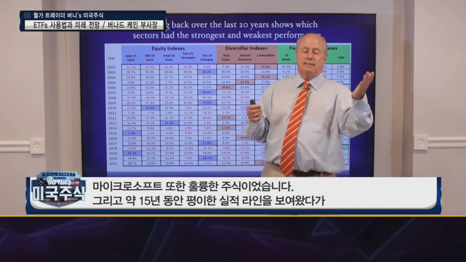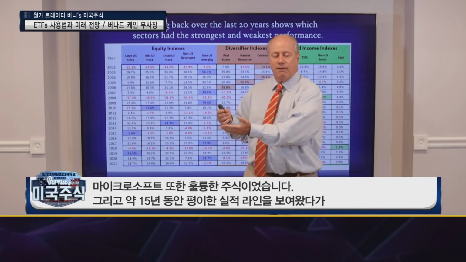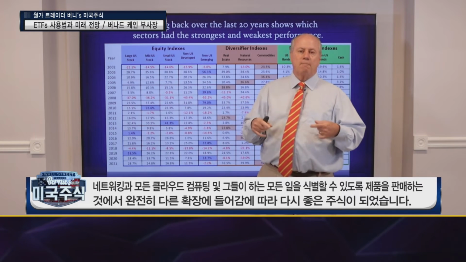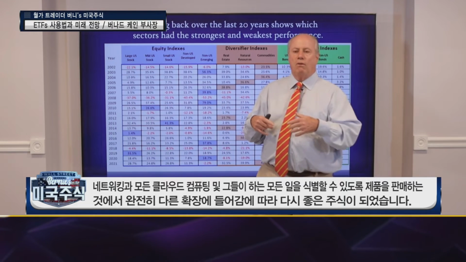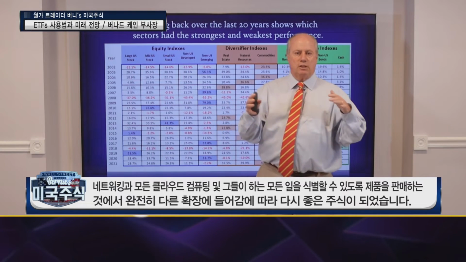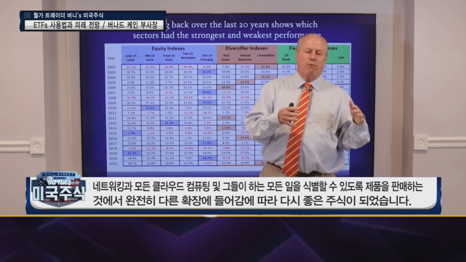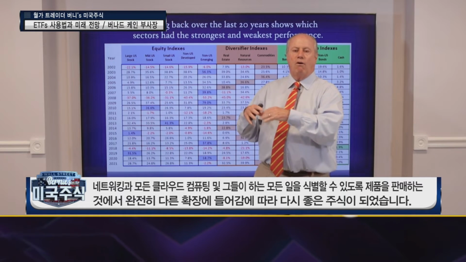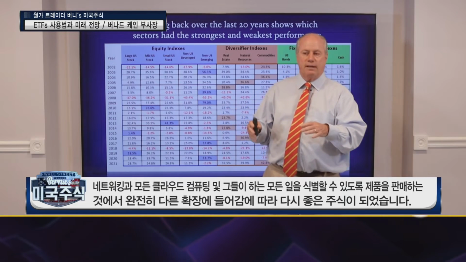Microsoft was a great stock, then Microsoft flatlined for about 15 years, and then it became a great stock again as they expanded from just selling their products to networking, cloud computing, and all the things that they do.